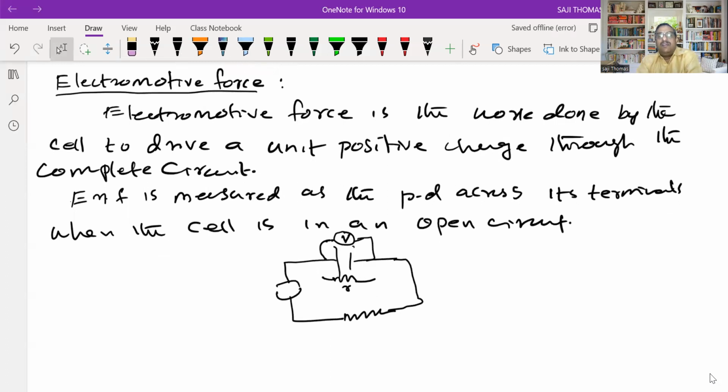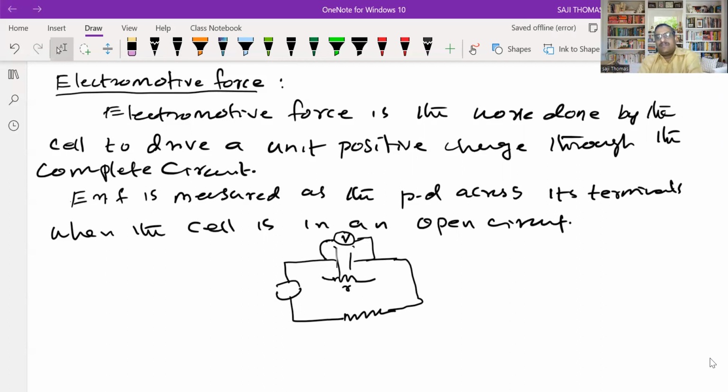So we can differentiate between EMF and terminal potential difference. What is the EMF? EMF is the work done by the cell to drive 1 coulomb positive charge through the complete circuit. How is it measured? It is measured as the potential difference across the terminals of the cell when it is in an open circuit. What is terminal potential difference? It is also the potential difference across the terminals of the cell when the cell is in a closed circuit.